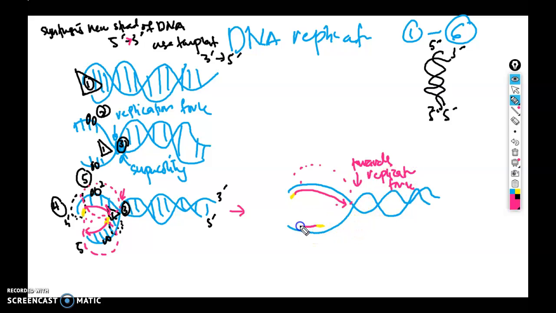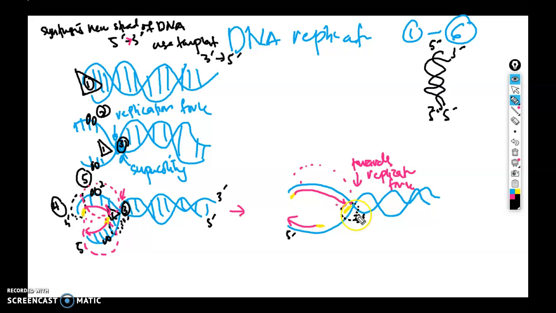And then this one opens up, so primase will add a new RNA primer, because this is starting with the 3 prime and this is 5 prime. Kita ada 5 prime here and this 3 prime.